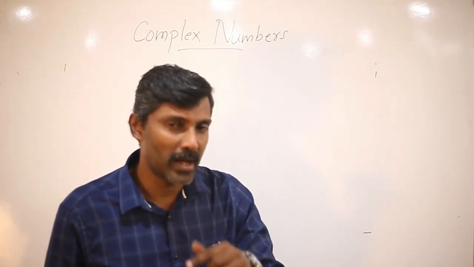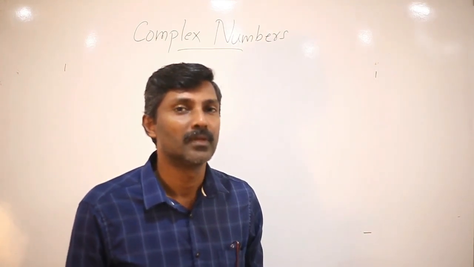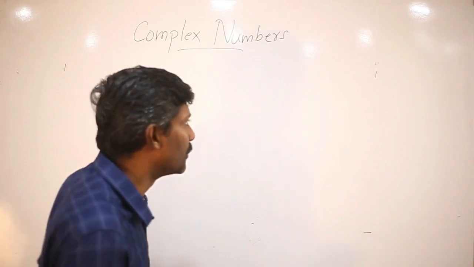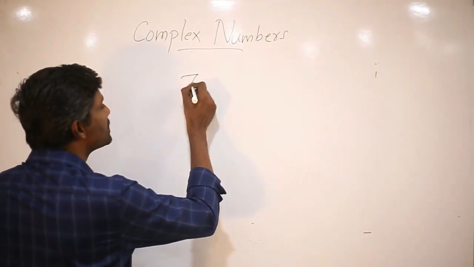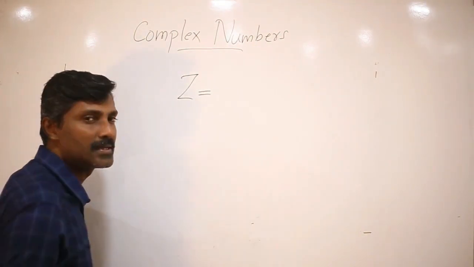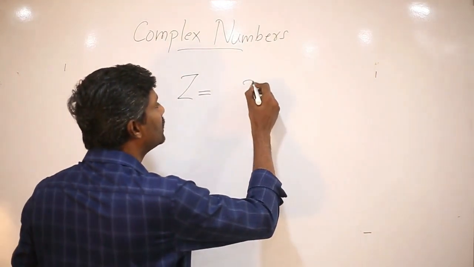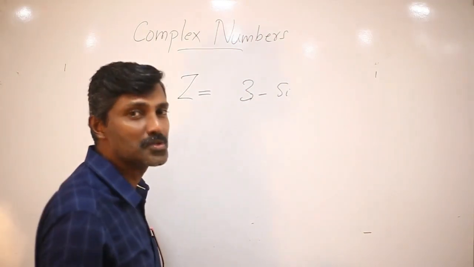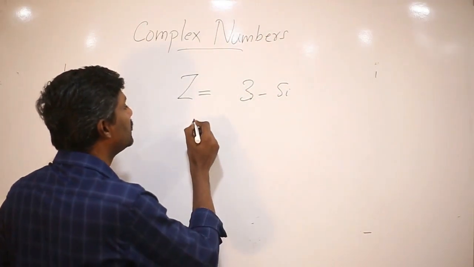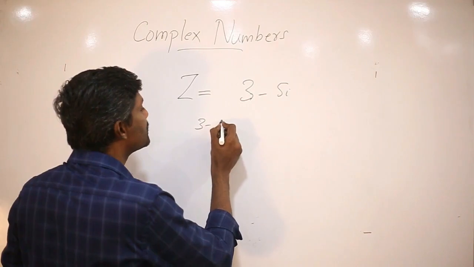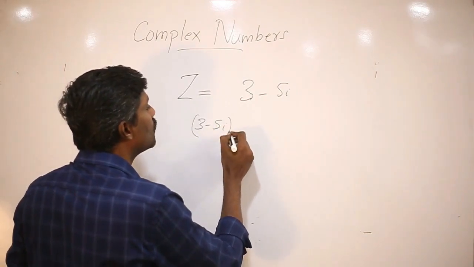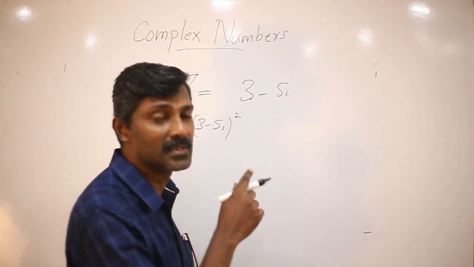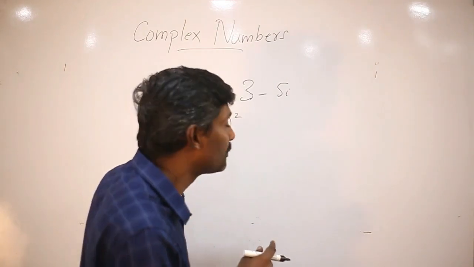So let's go back to what we have learned earlier, and we'll try one more problem, okay? Suppose you have a complex number, say z is equal to 3 minus 5i, and you are asked to find out the value of 3 minus 5i the whole square, and you have to express this in the form a plus ib, okay?